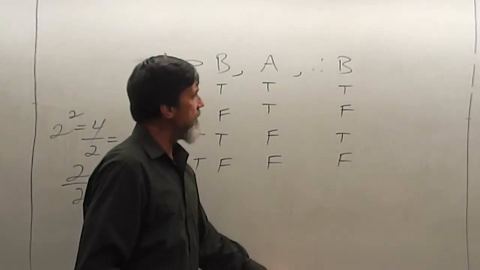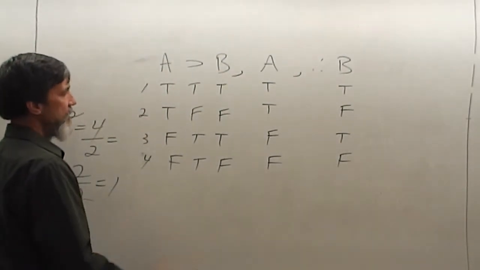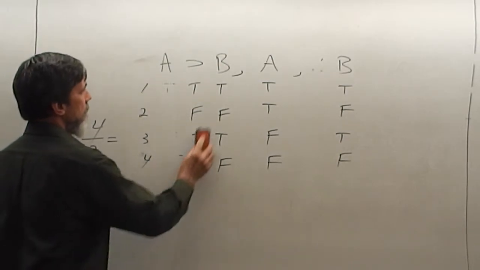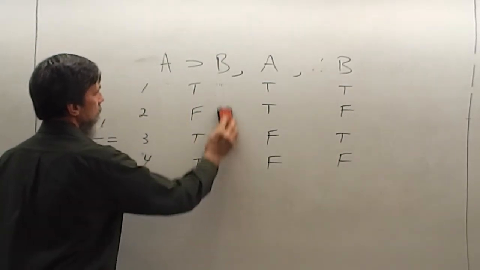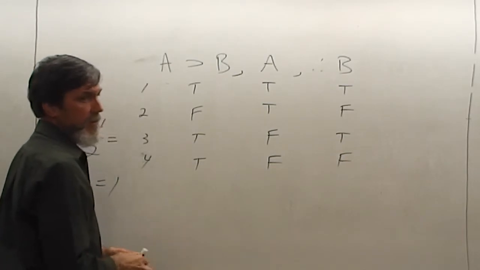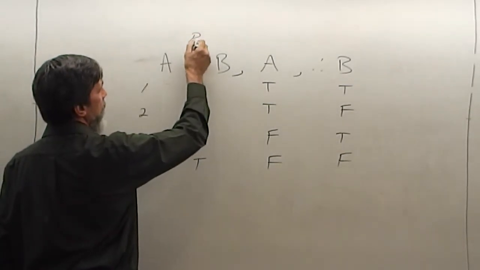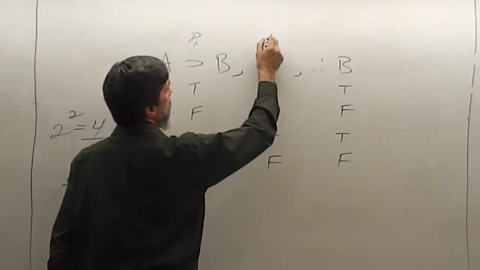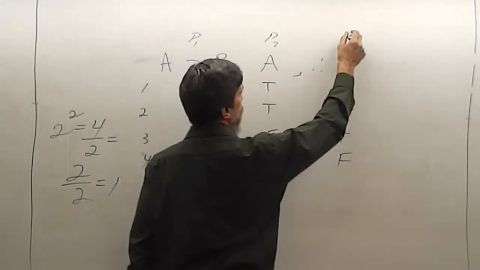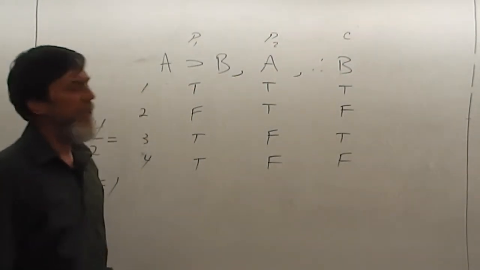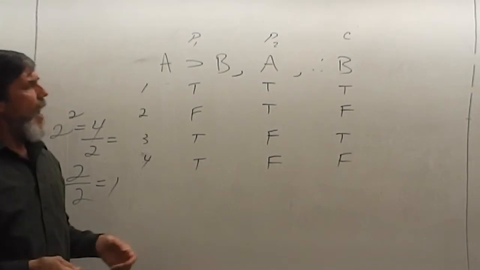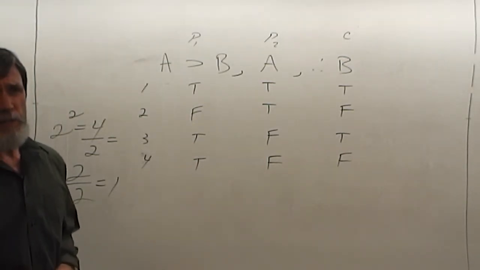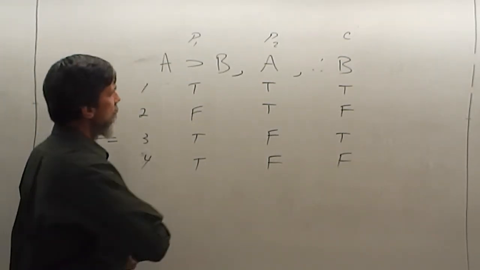Now, I'm going to take away all the T's and F's we're not concerned about right now. That is the truth values of the first premise. And our second premise is simply A, and our conclusion is B. I'm looking for at least one row in which the premises are true and the conclusion false.